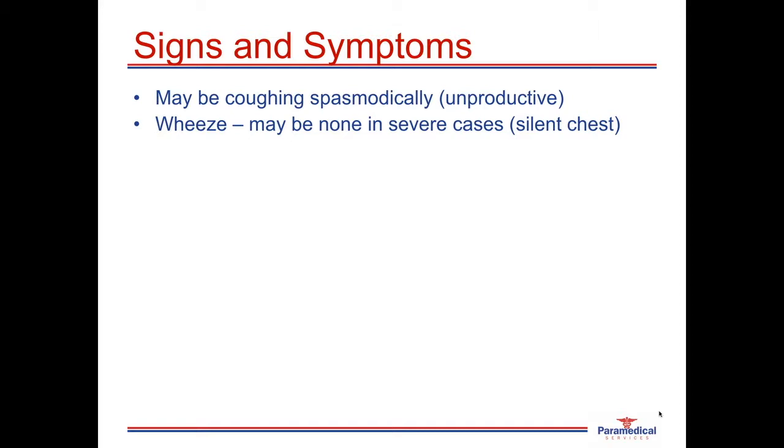This can indicate that the patient's airways have narrowed so much and the mucus plug has occluded or blocked that lower airway to such a degree that air is not even moving in and out of the alveoli. So we get this silent chest.